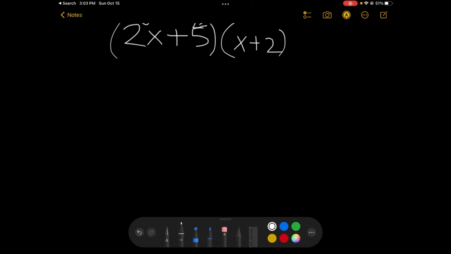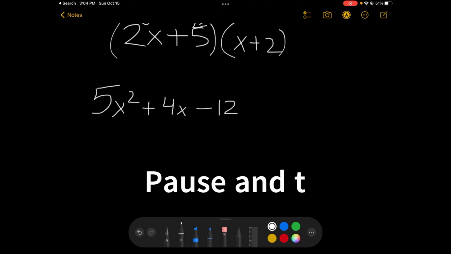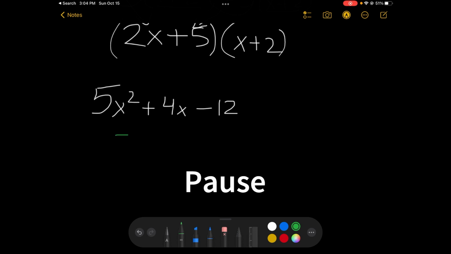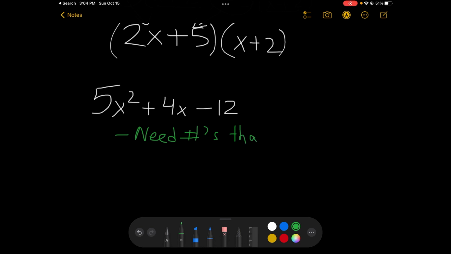Let's try one with negatives this time. Let's say we have 5x squared plus 4x minus 12. Now, we need two numbers that add to 4, right?